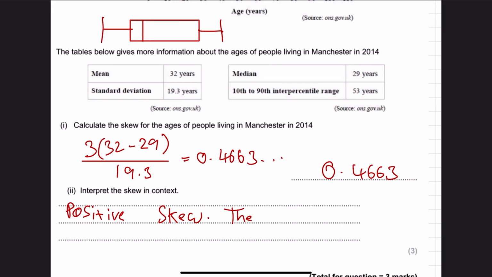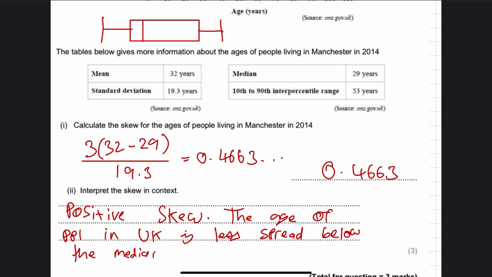The age of people in the UK is less spread below the median than above. That's really it. You're saying the same thing every single question. Look, less spread here, below the median, more spread here. That's it. That's skew. Hope this helps.